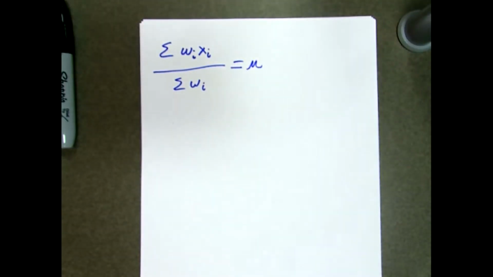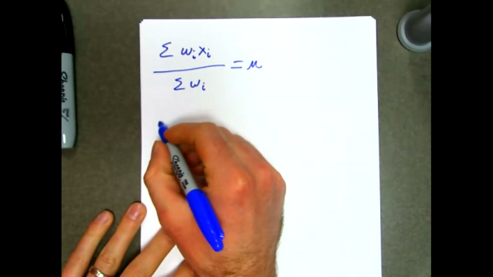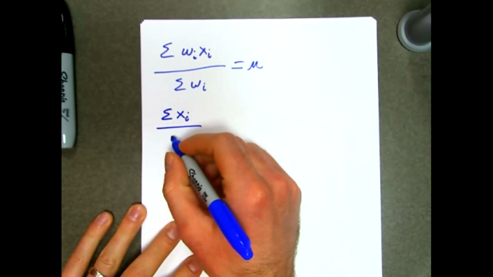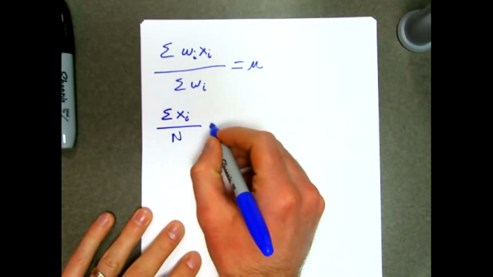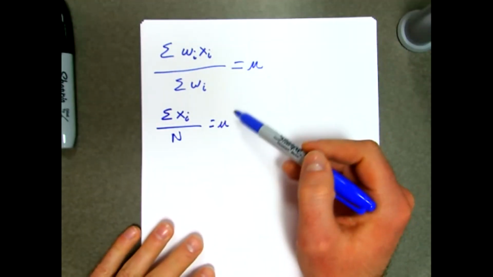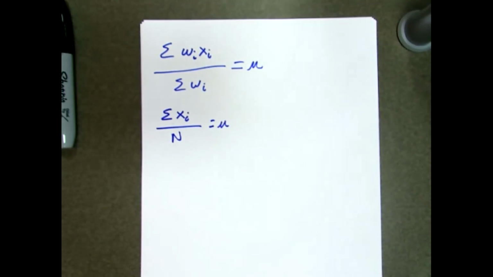Okay. So I want to kind of try to relate this to what we were doing before. So if I had just a regular mean, that was kind of just adding up all the X values, dividing by the number of observations that I had, right? So there's no real way that we denote the difference between a mean and a weighted mean. It's just that it depends on what type of data we have. Okay?